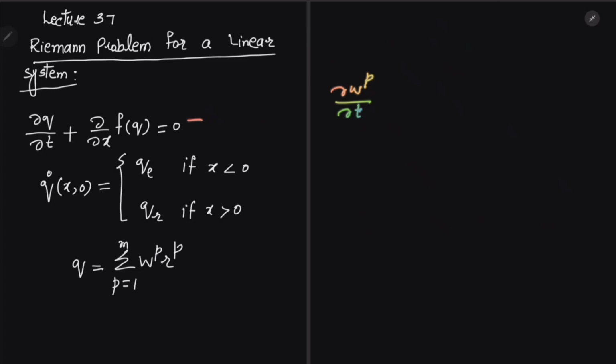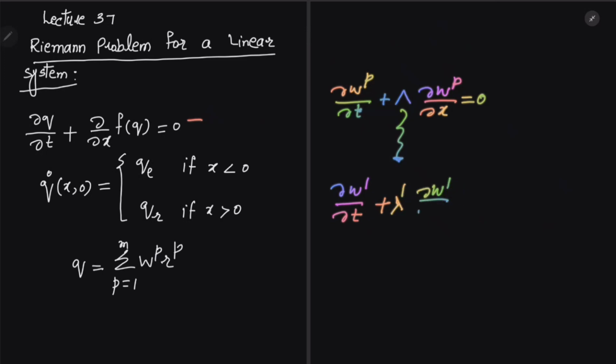We transform that equation into partial w by partial t plus lambda partial w by partial x equal to 0, where lambda is a diagonal matrix, and in this diagonal matrix we have eigenvalues. For example, we have partial w1 by partial t plus lambda 1 partial w1 by partial x equal to 0 for the first wave.